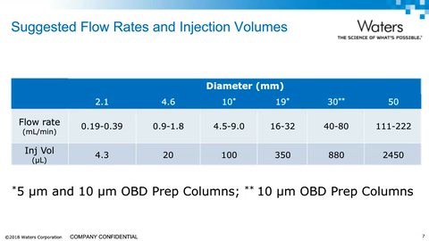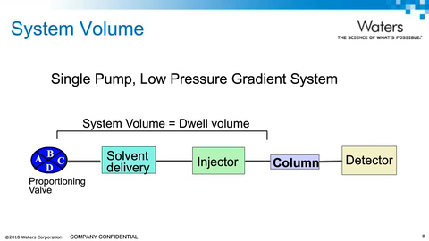Before I continue, I would like to do some background things that I consider to be housekeeping type things. And that is talking about system volume and impact on prep. System volume is the volume from the point of gradient formation to the head of the column.